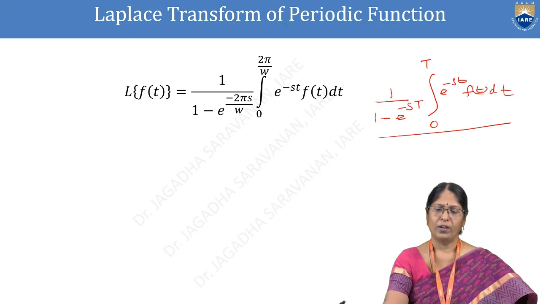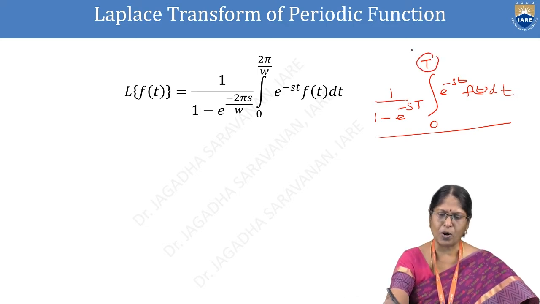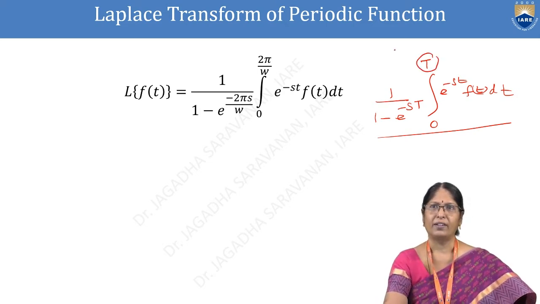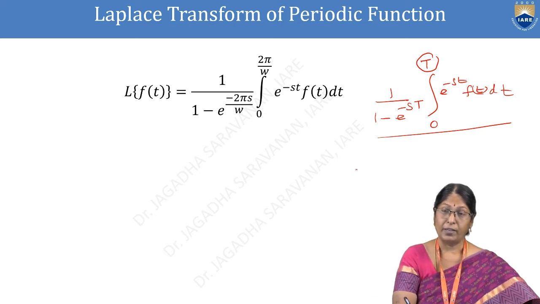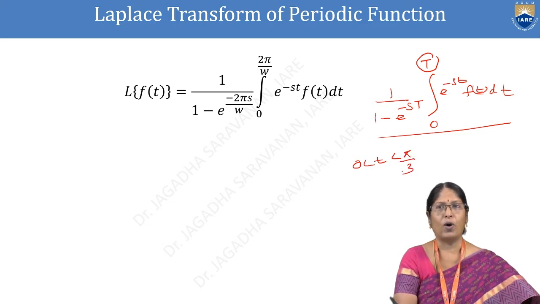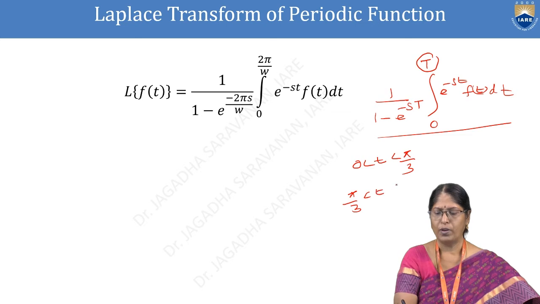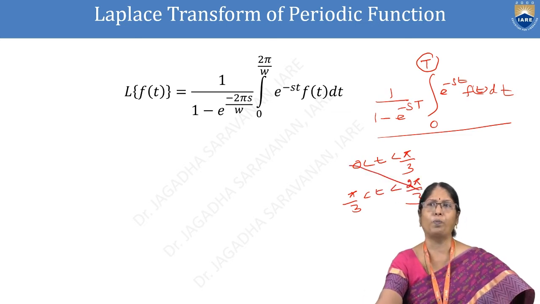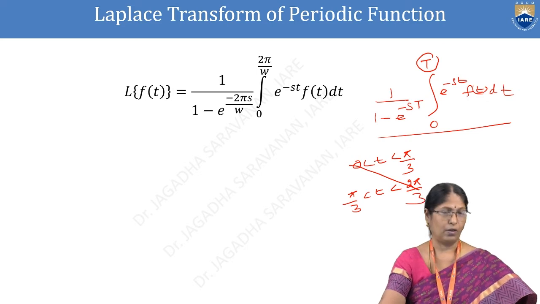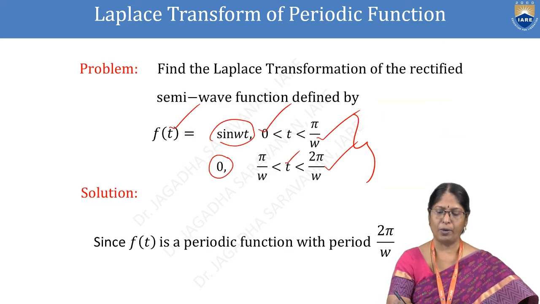Fine. What about our given problem's capital T? That is the break given. t lies between 0 to pi by w in one interval, and pi by w to 2 pi by w in the other. So 0 to 2 pi by w.